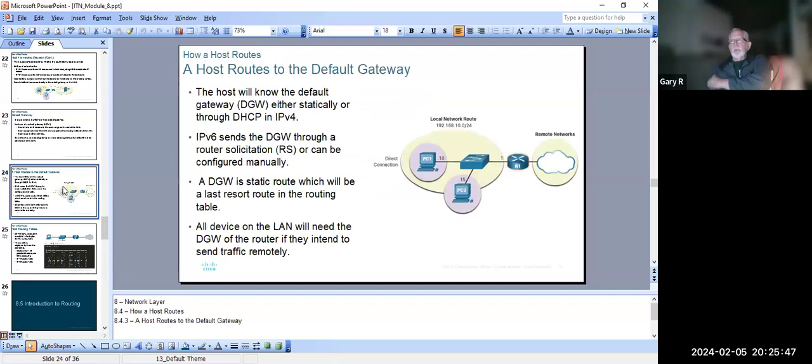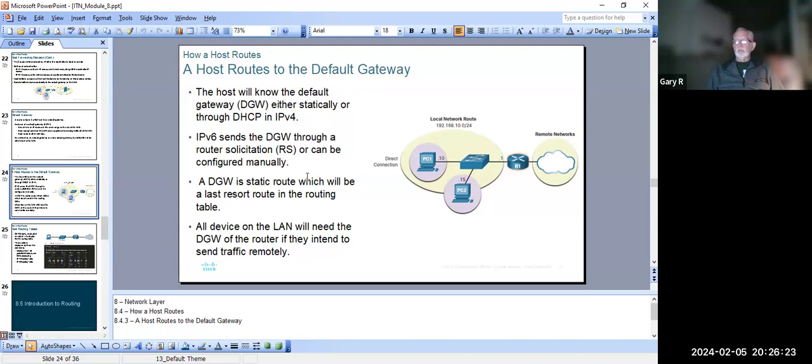And what you do is you compare the destination IP address to your own IP address, and then you apply your own mask to each. In the scenario that I sent out, the PC is on network 172.16.1.0, and the other PC is on network 172.17.1.0.